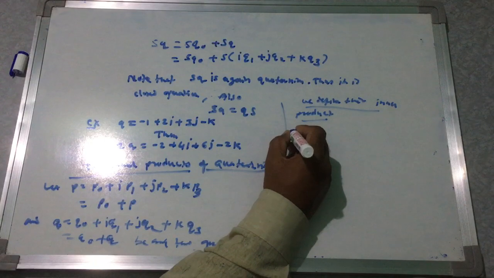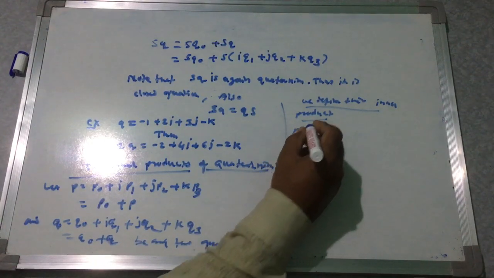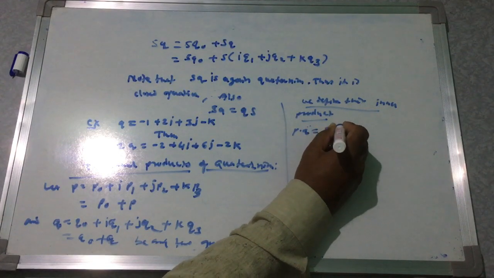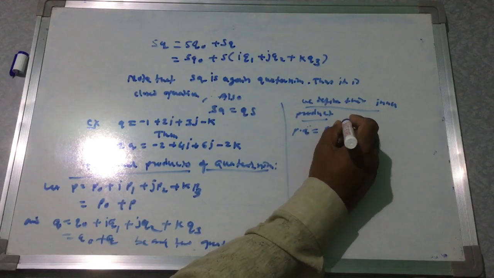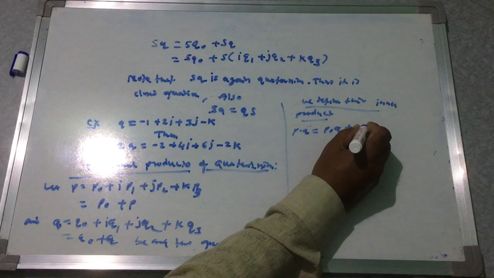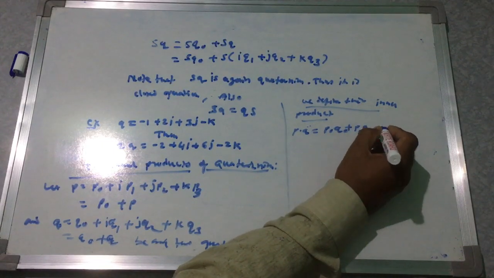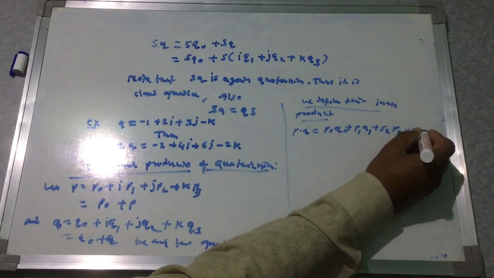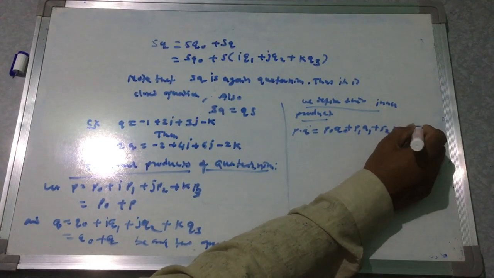So P into Q is equal to P0 into Q0 plus P1 Q1 plus P2 Q2 plus P3 Q3.